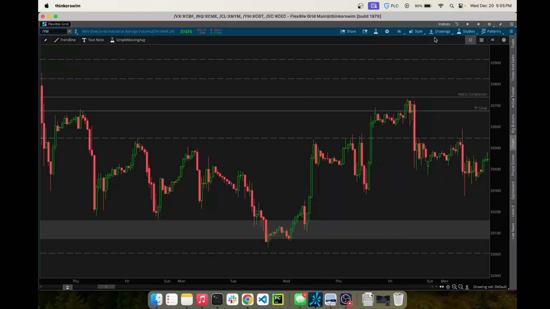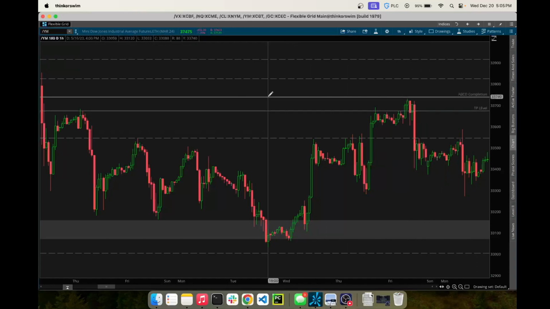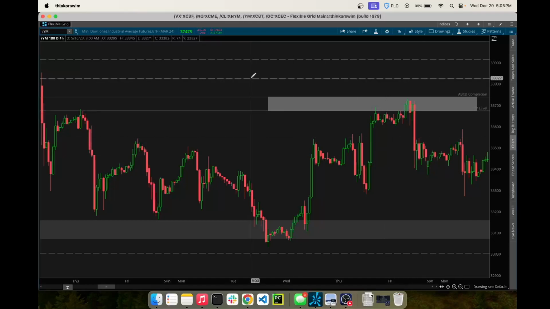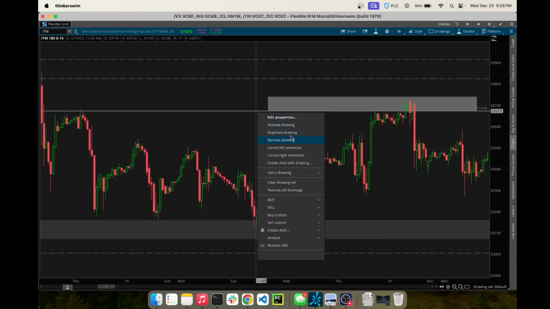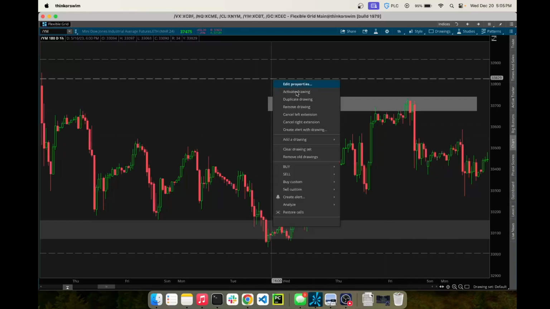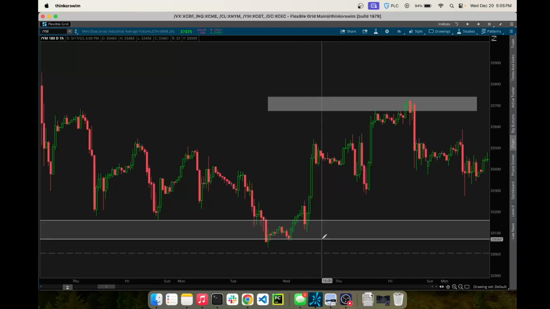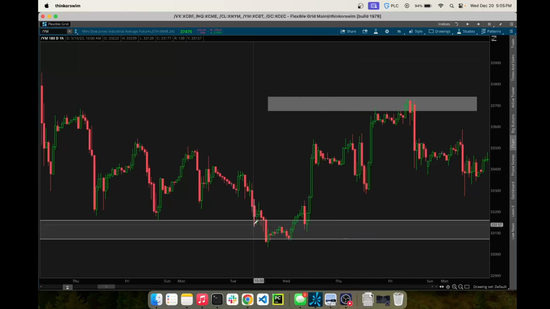And now if we look at this and we remove everything else from the chart, we've got a perfect example of zone-to-zone trading.